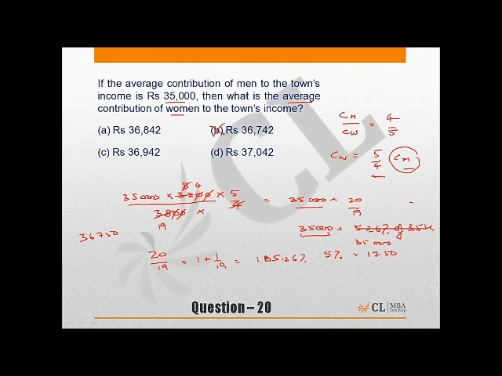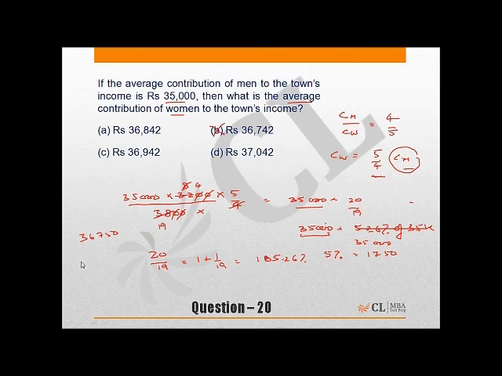So 5% is 1,750. Now that we have calculated 5%, we need to calculate 0.26% again.